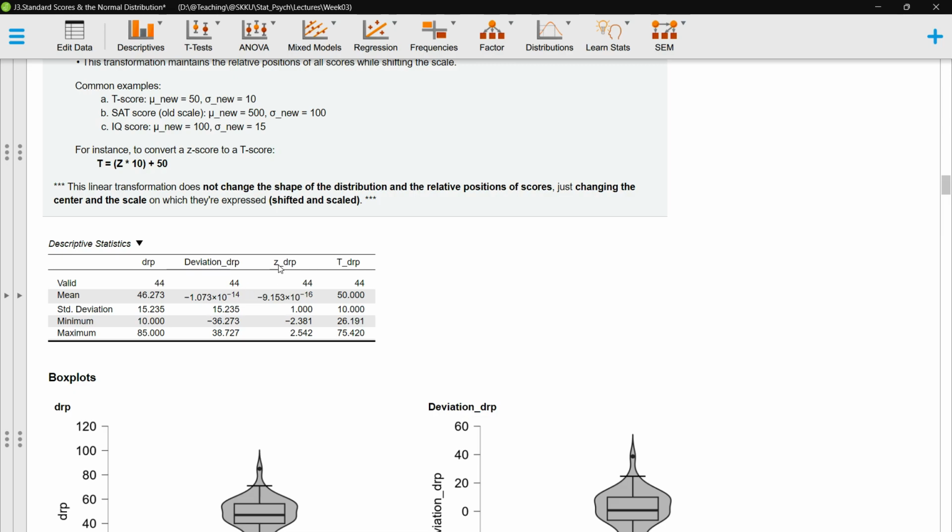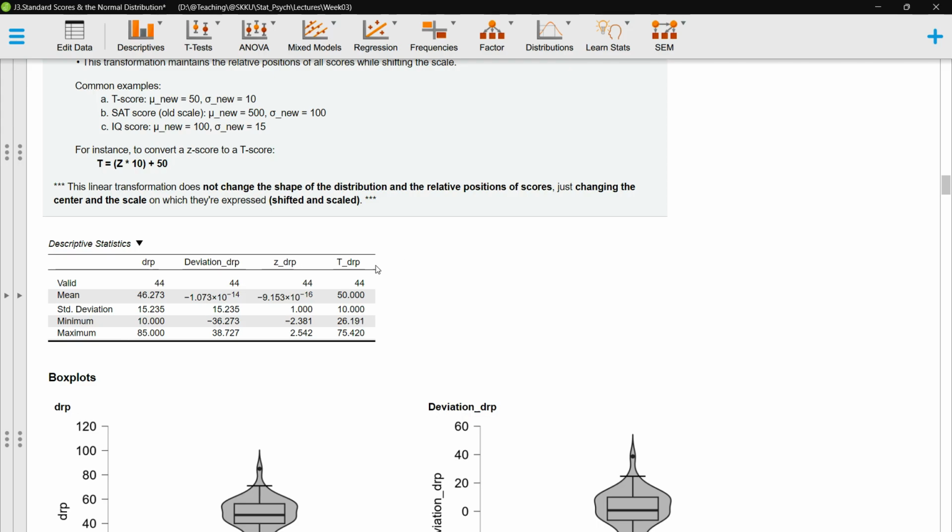For the G-score, we have a mean of 0 and a standard deviation of 1, because we divide all the individual values by 15 point something, and that gives us a standard deviation of 1. For the T score, after we create this value, we have a mean of 50 and a standard deviation of 10. We will see in the classroom lectures how this works.